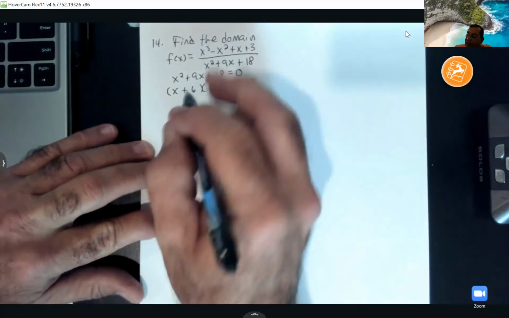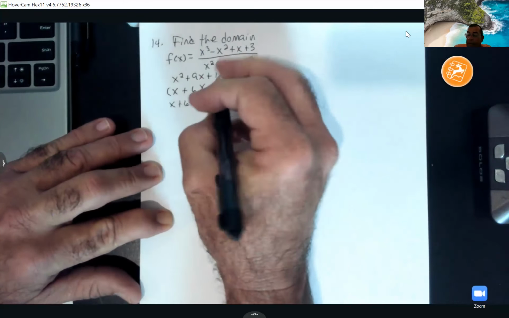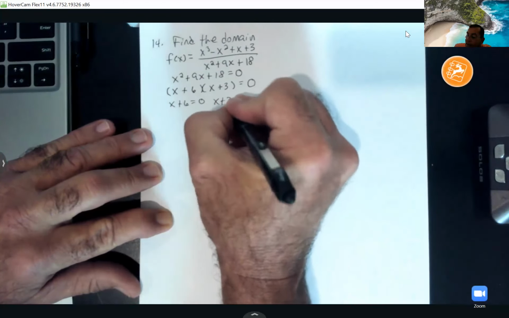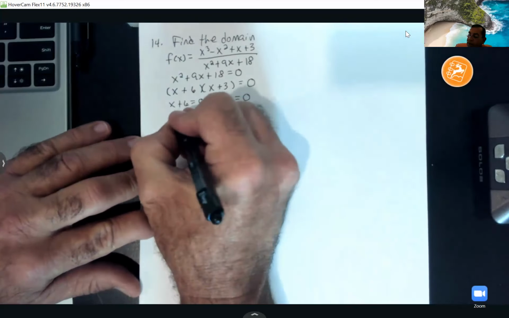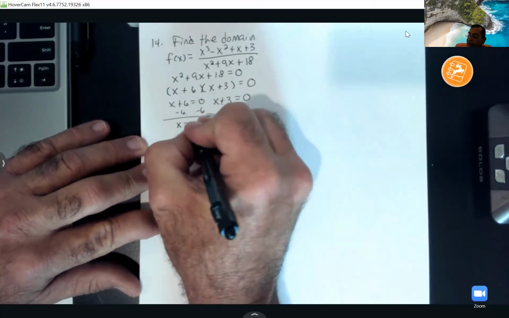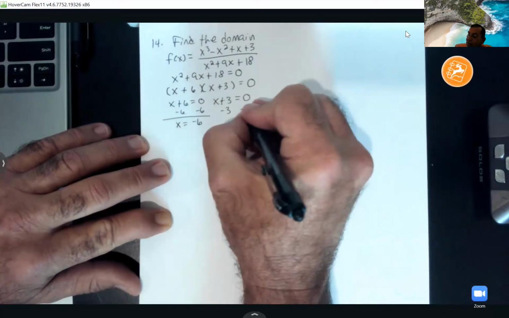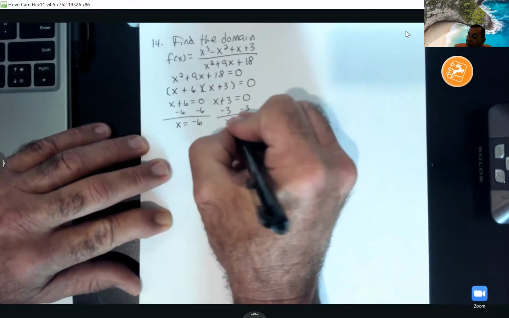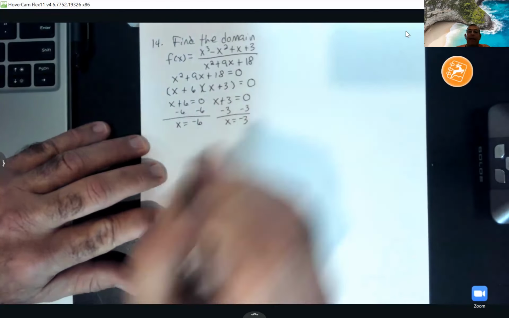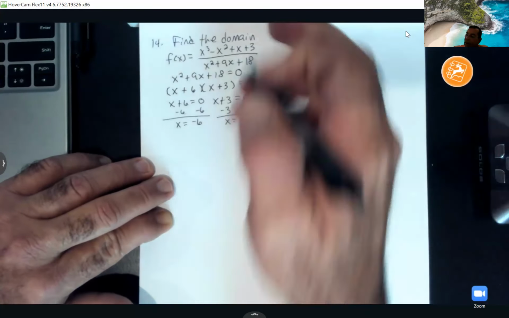Set both of these equal to 0. For the first one, I'm going to subtract 6, and I get x equals -6. The second one, I'll subtract 3 and get x equals -3. So these are the two numbers I have to kick out.